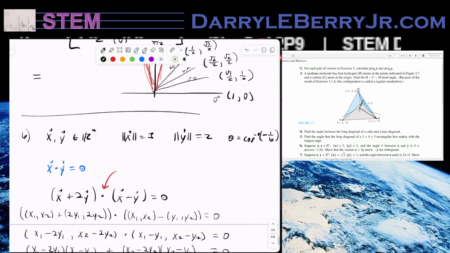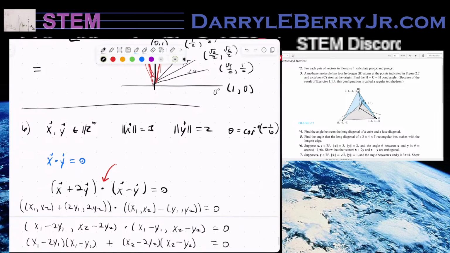Got to be orthogonal, so the dot product is 0. So x plus 2y, dot product x minus y, the dot product has to equal 0 if they're orthogonal.